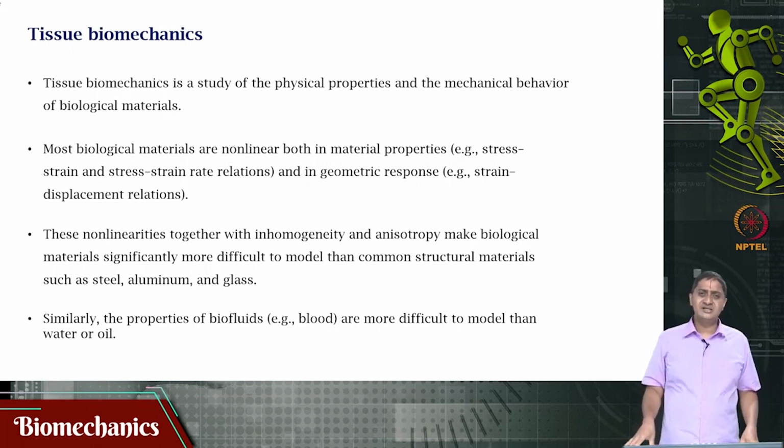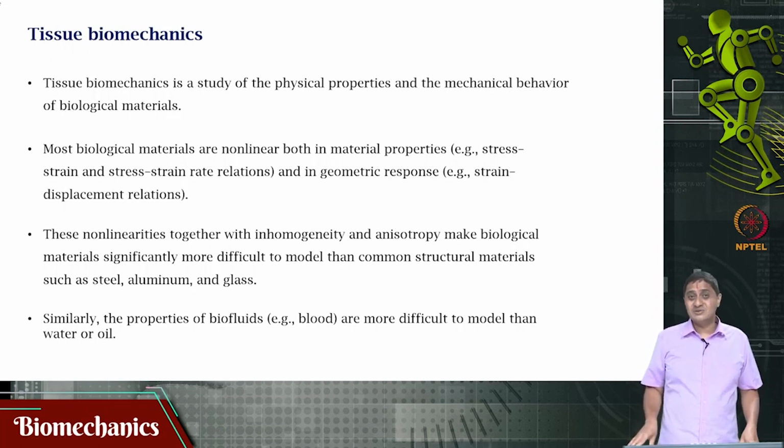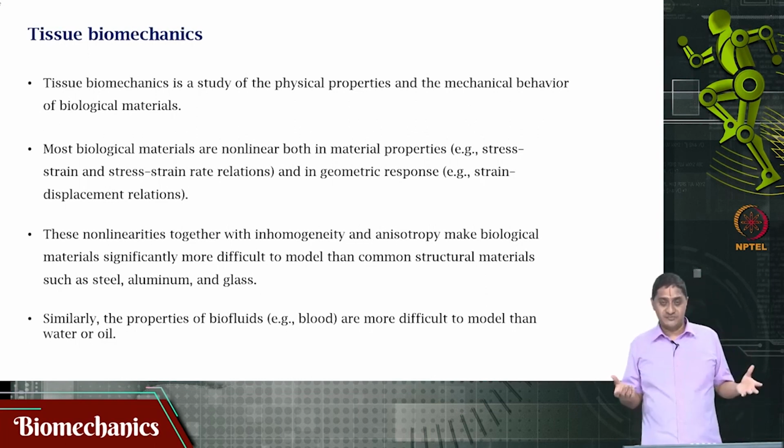Many of the engineering materials of interest for us are isotropic materials, whereas the materials that we study as biological materials are not isotropic. That means you study the material property in one direction, and that characteristic is something. The same material you study in a different direction, in a different dimension, the property is completely different.